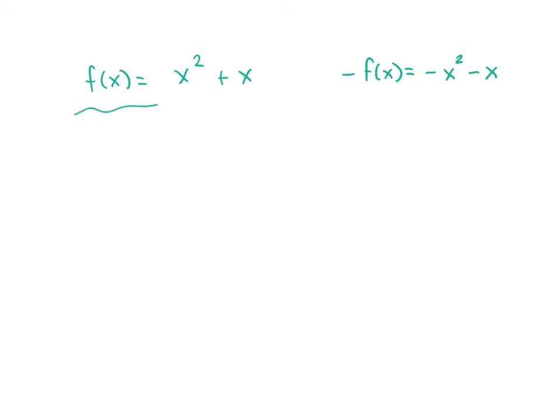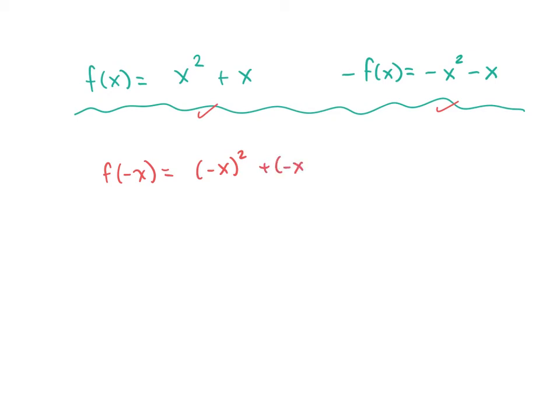Now I want to figure out, if I replace x with negative x everywhere in the function, do I end up with the original, the opposite, or neither? So I replace x with negative x, and now we'll simplify and see what we get.